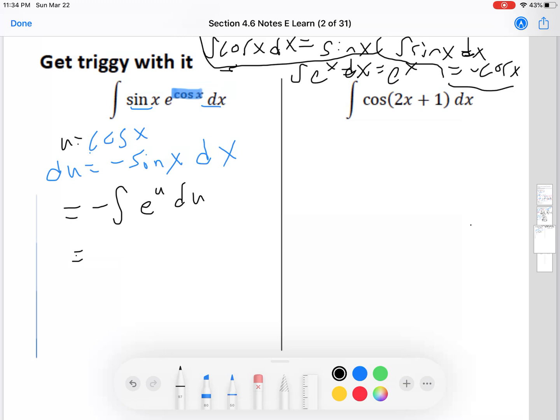And then the integral of e to the u is just e to the u plus c. Put a negative out in front. So e to the u, put the negative sign in front, and I'm going to put in, for my u, the cosine of x. Plus c.